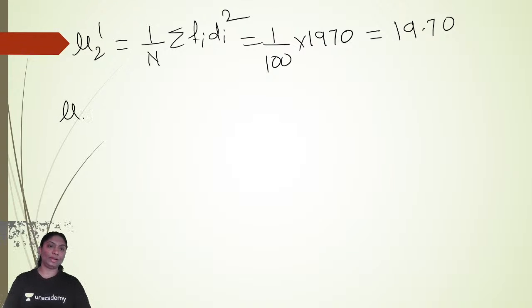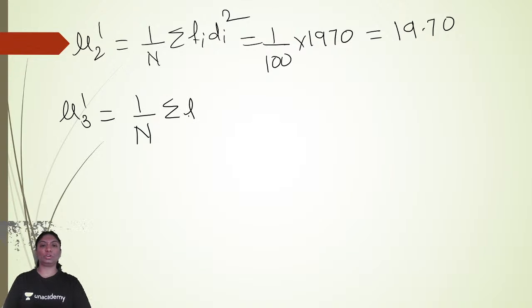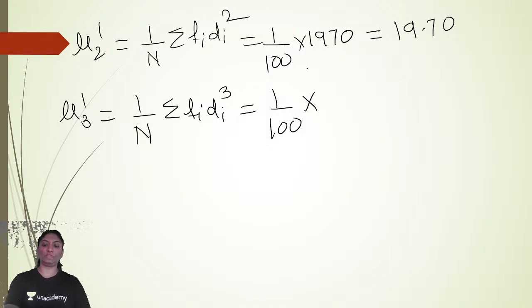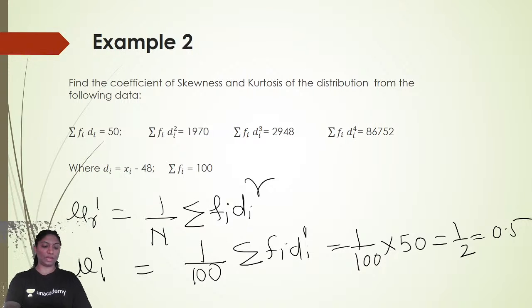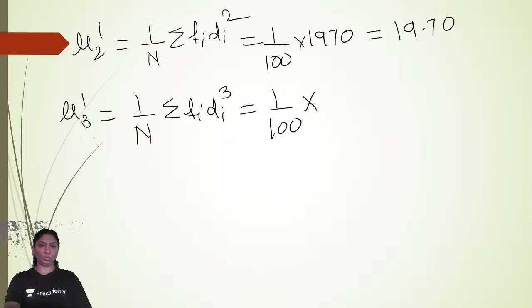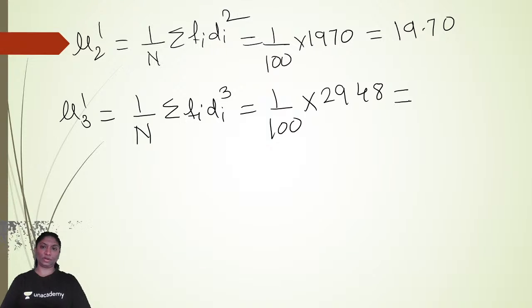Similarly, we can calculate mu3 dash, which is equal to 1 upon n summation of fi di cube, which is equal to 1 upon 100 into summation of fi di cube, given as 2948. So it will give you 29.48.